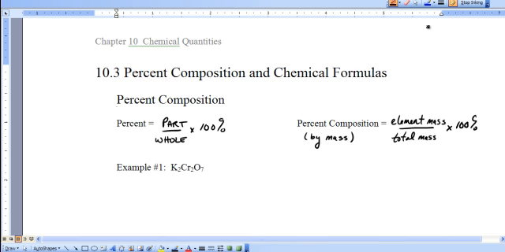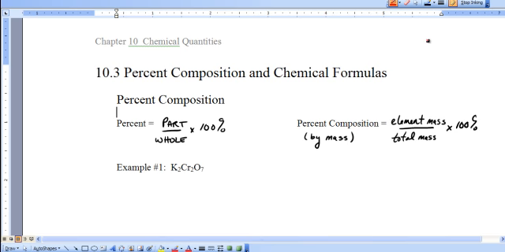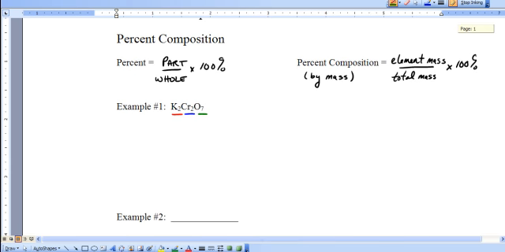Let's go ahead and use potassium dichromate as our example here, where you have 2 moles of potassium, you have 2 moles of chromium, and then you're going to have 7 moles of oxygen in the compound. And so let's go ahead and determine by mass the percentage of each individual element.